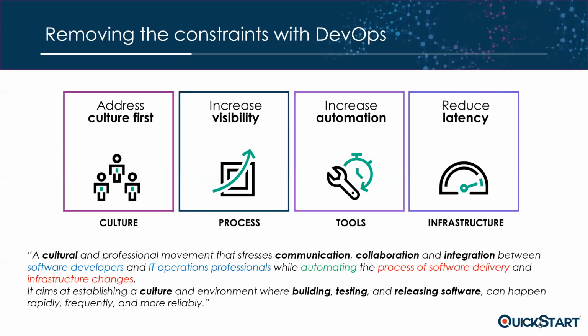Then process, to optimize the traditional process, not only for development, where we are moving from traditional project management to Agile and Scrum, but also including testing and operation.